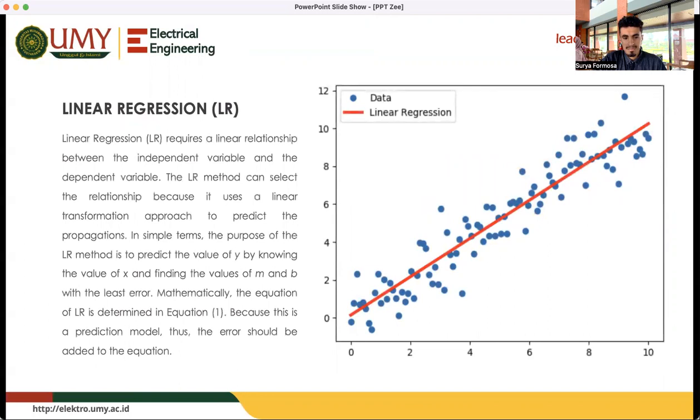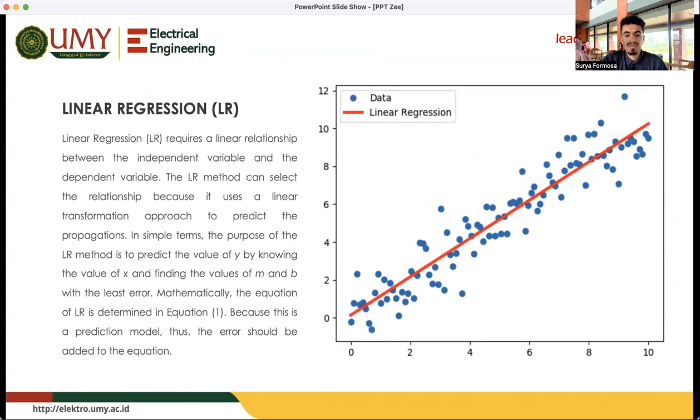Linear regression. What's linear regression? The shortcut is LR. It requires a linear relationship between the independent variable and the dependent variable. The linear regression method can model the relationship because it uses a linear transformation approach to predict the values.